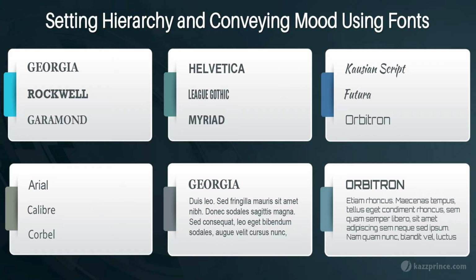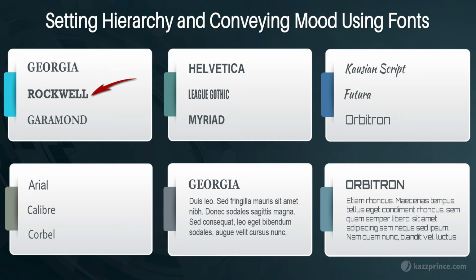The ones I use most regularly for headings are Helvetica, which is the most popular and common sans serif font. Liga Gothic is a great heading font if you have longer headings because it's very condensed, but may become hard to read if you use all caps. And then I use Myriad. If I wanted to use a serif font for a heading, I like Georgia best.